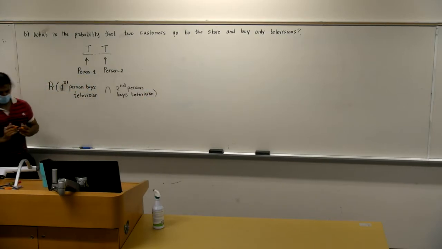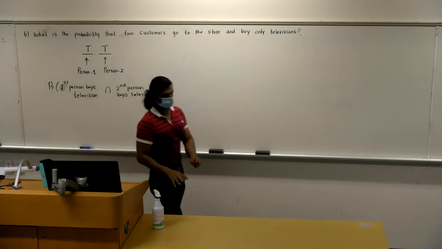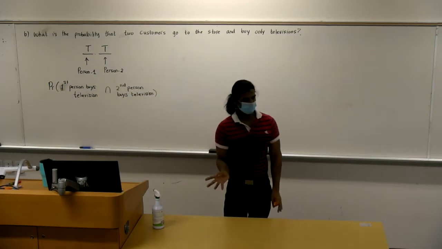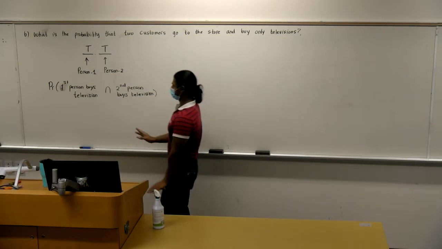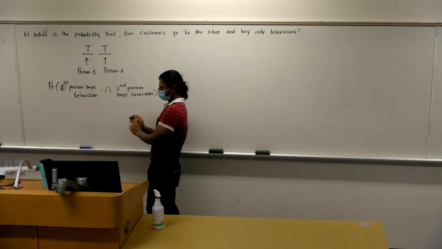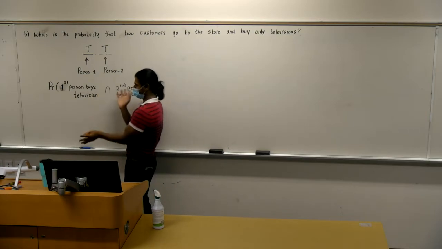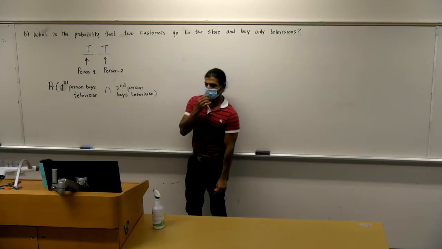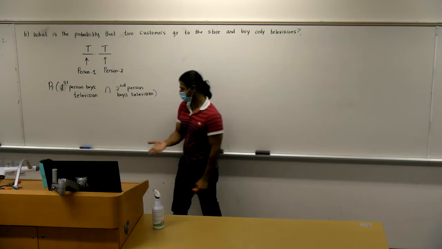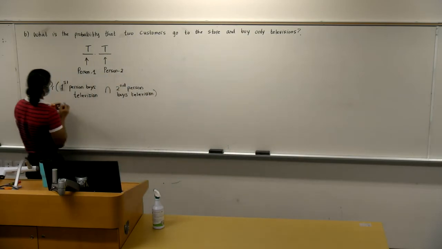I did not say anything about how these 2 are related, correct? Right. So they are independent of each other. So the second person doesn't care about the first person and vice versa. So that event is independent of that event, so how do we find the probability? You just multiply the two. You simply multiply.